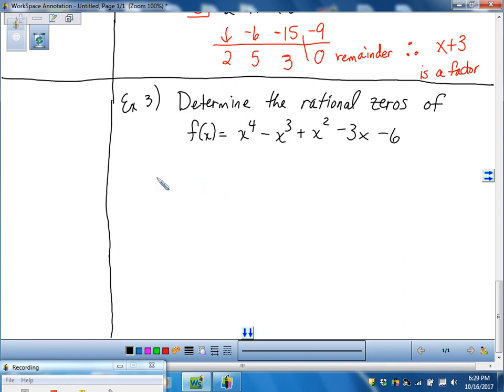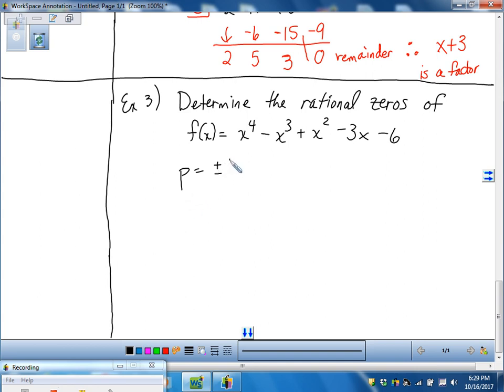And so what we do, from the rational root theorem, is we figure out all the factors of this last term, the 6, the constant term. And so we're just going to list out here to the side all the possible factors of 6.